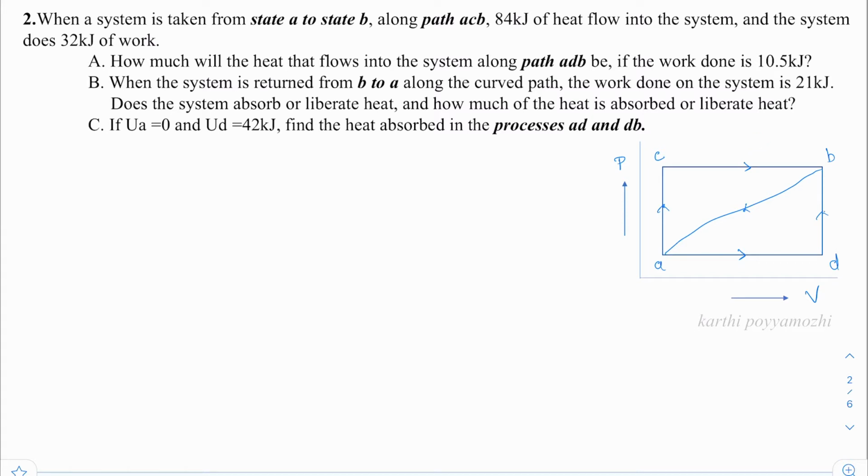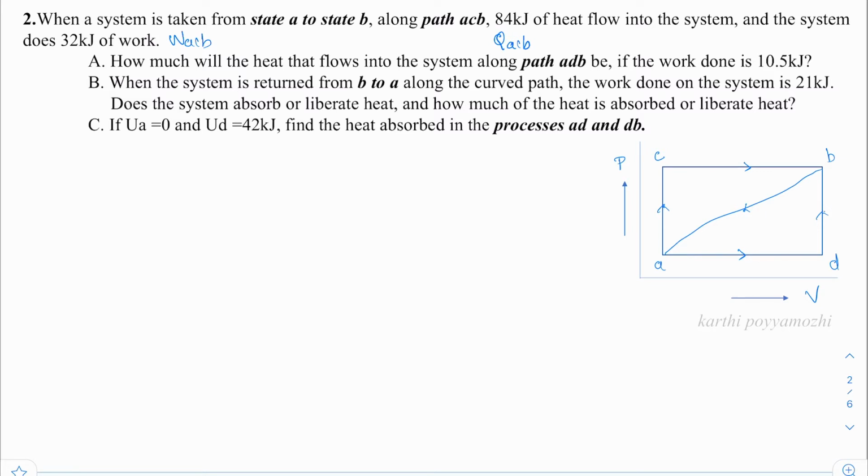That is, Q of ACB is equal to 84 kilojoule and W of ACB is equal to 32 kilojoule of work. Now, we have to find how much of the heat flows into the system along the path ADB if the work done is 10.5 kilojoule.